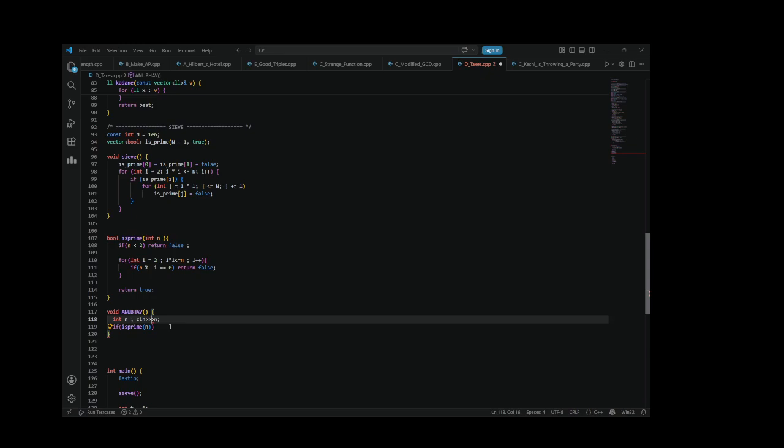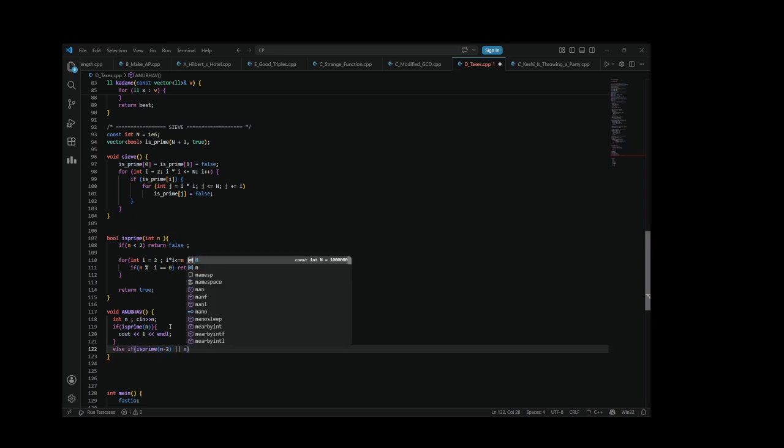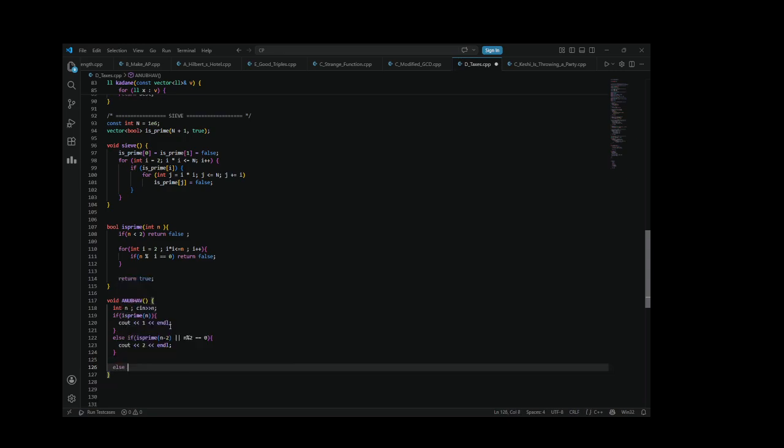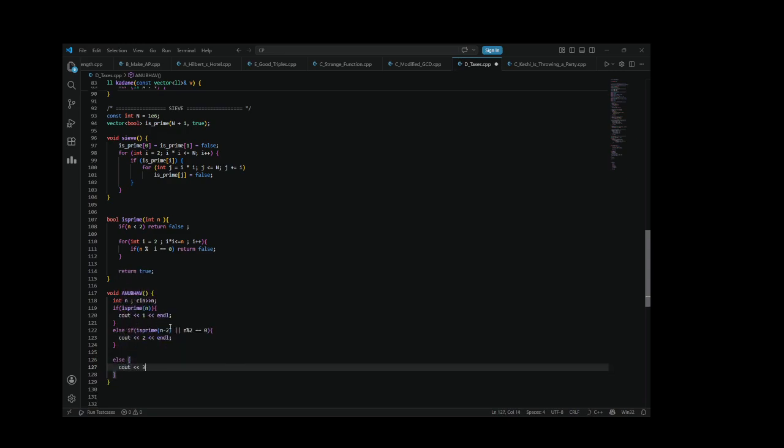And here we have written it in the wrong way. So if the number is prime, then the answer is 1, else if isPrime of n minus 2, fine, and also if n divided by 2 is equal to 0, then print 2 as our answer, and for all the other cases, print 3.